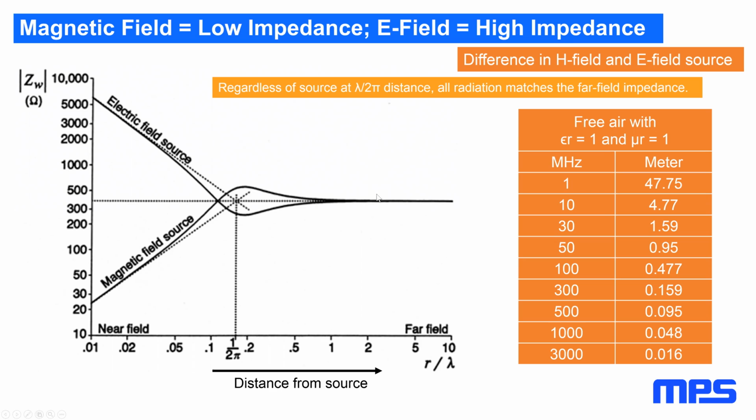From here we have far field. To get an idea, at 30 megahertz, far field starts at 1.6 meters. 100 megahertz is already 50 centimeters. So at 100 megahertz, if you are further apart than 50 centimeters, you cannot distinguish with your receiving antenna in the EMI chamber what type of field source the culprit is. So you have to go much closer with near field probes to figure out what the source is.